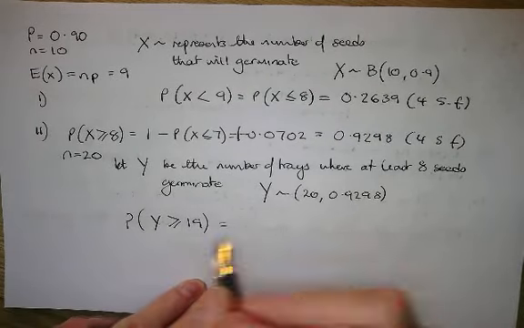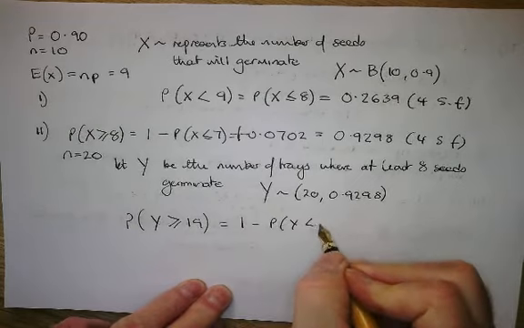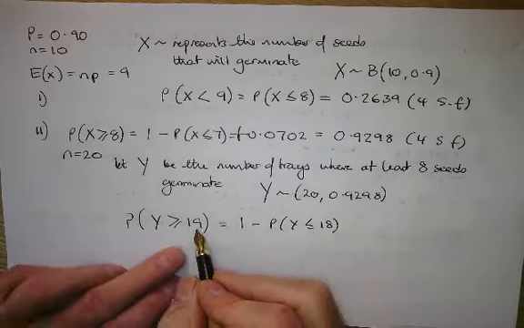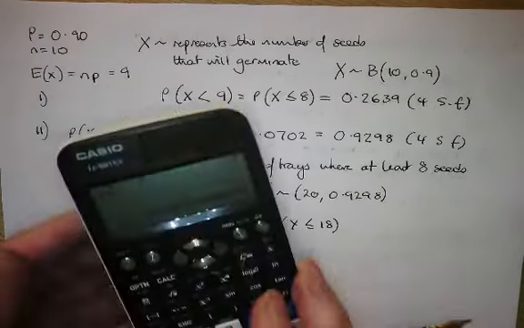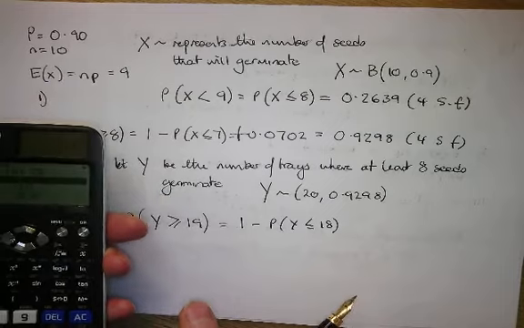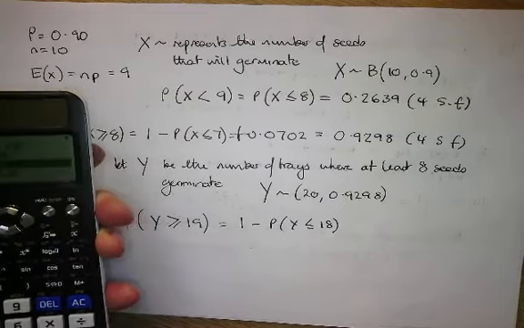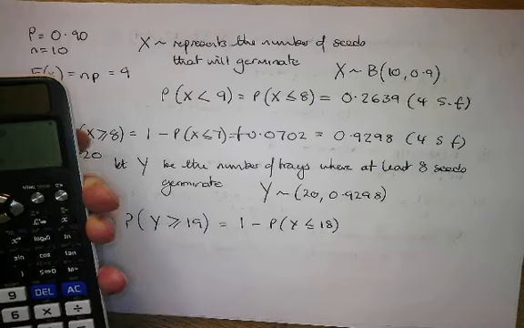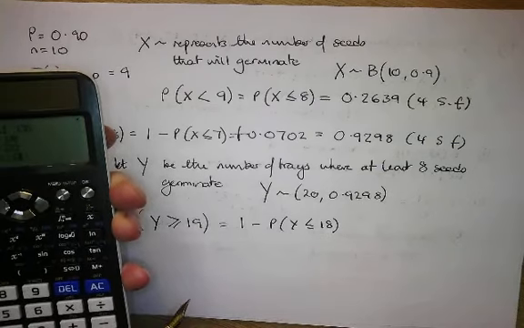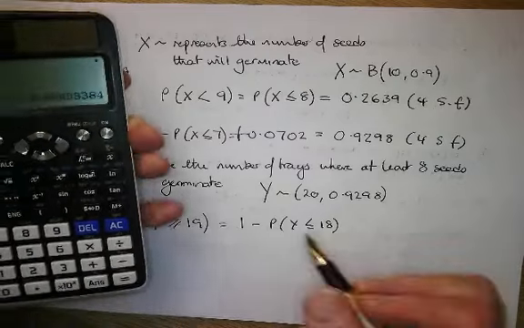I have to say it's 1 minus the probability of Y being less than or equal to 18. With it being so close, you could do 19 and 20, but why would you when you've got a calculator that does it already? So I change my x value to 18, and my n value is 20, and my probability of success is 0.9298.